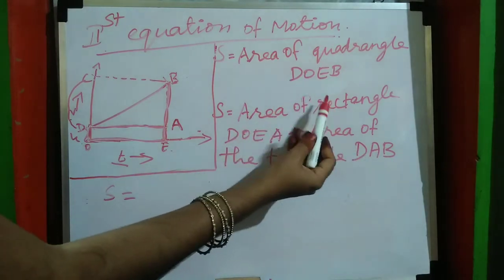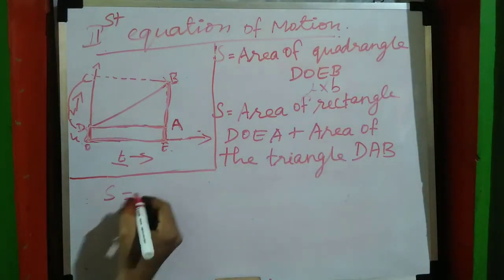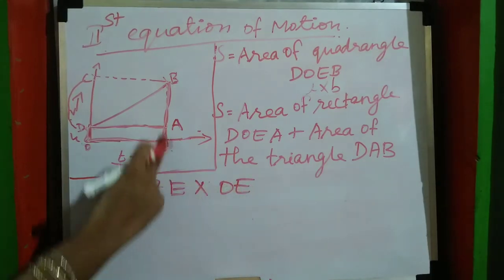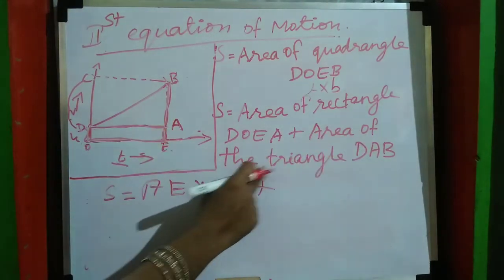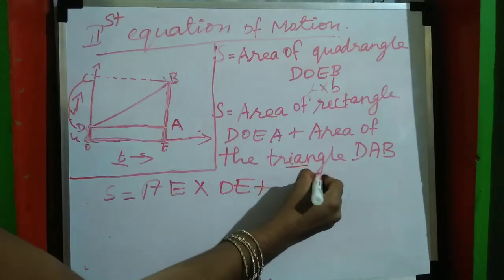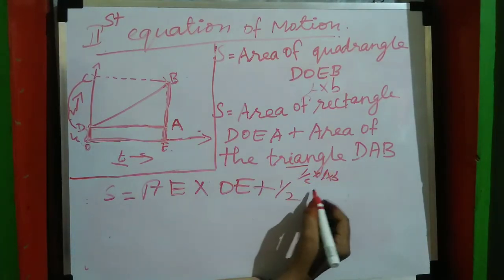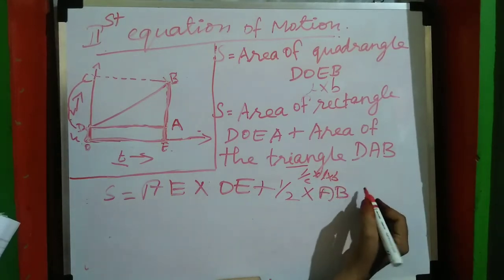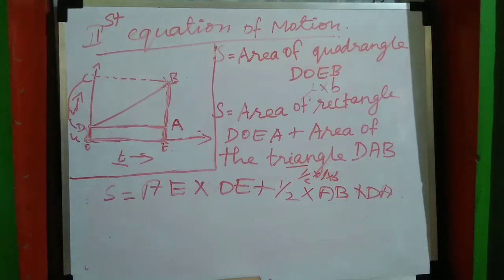We already know the rectangle area is length into breadth, so AE into OE. Plus the area of the triangle, which is half into length into breadth, so half into AB into DA.